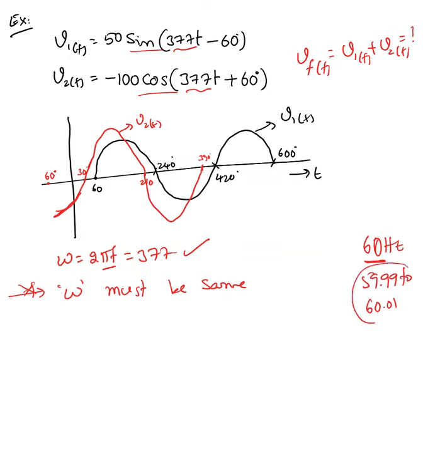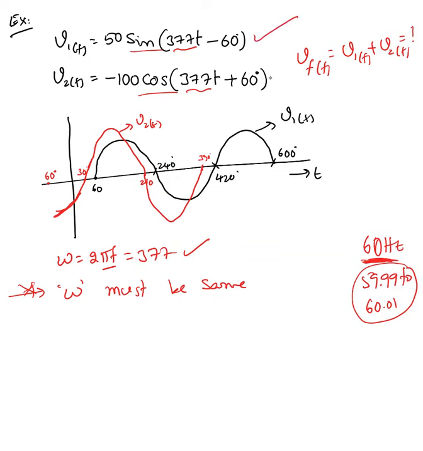That's the range. If it is below 59.99 or above 60.01, it will not be connected. There is a process to connect a new generator to the existing system, and they make sure that the frequency matches. Without frequency matching, you cannot connect two waveforms.